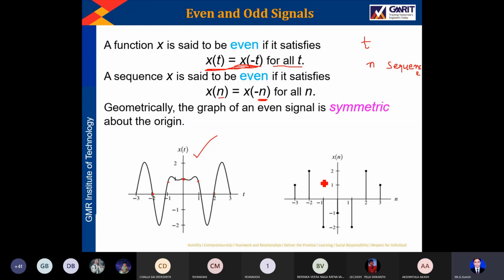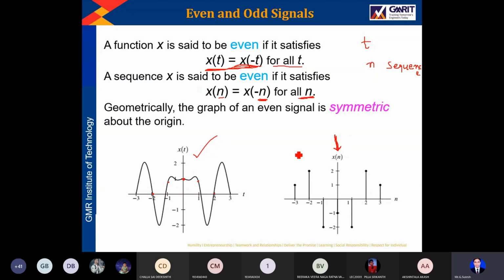So if x of n is equal to x of minus n for all possible n values, and it is behaving symmetrically about the origin, you can fold it about the y-axis. You can fold it by this line, so these amplitudes will match.